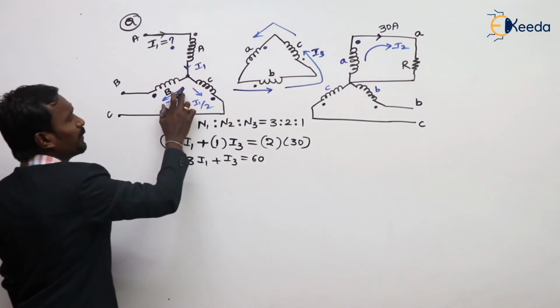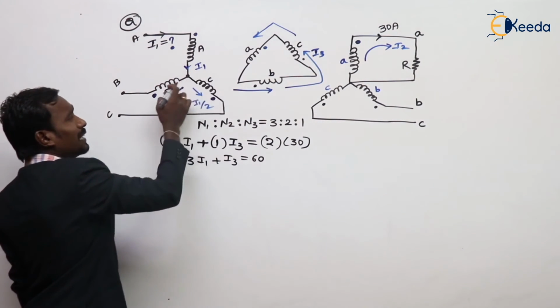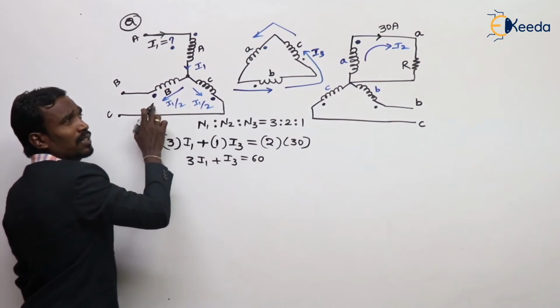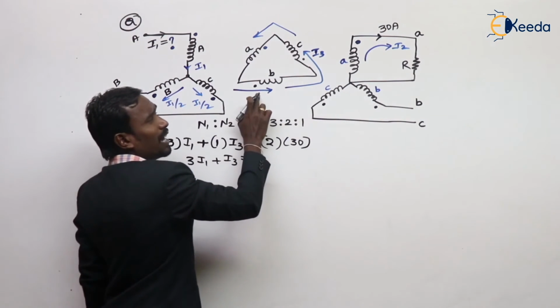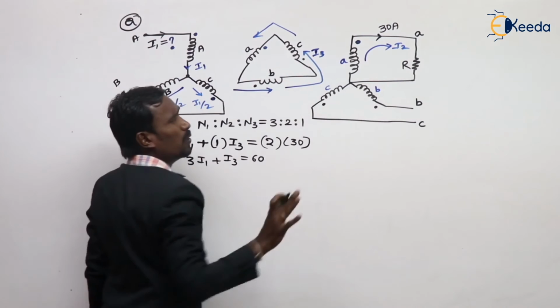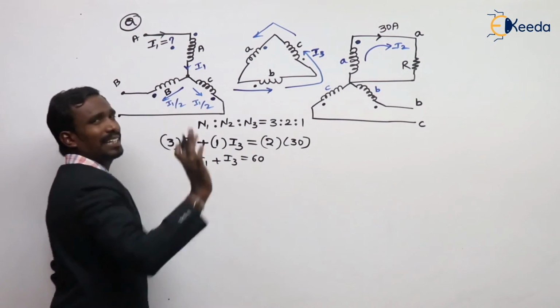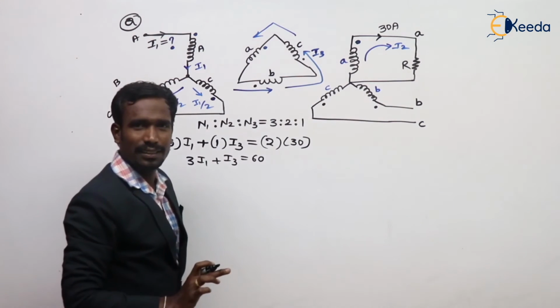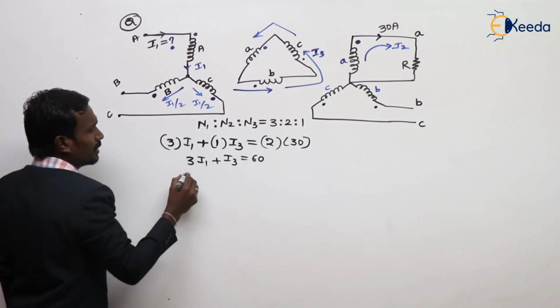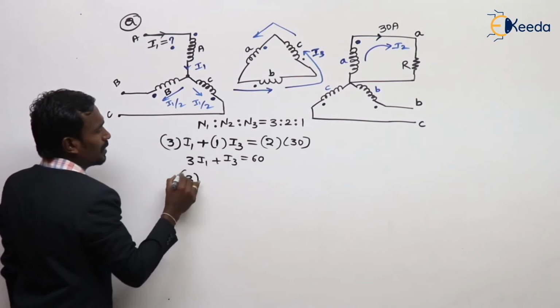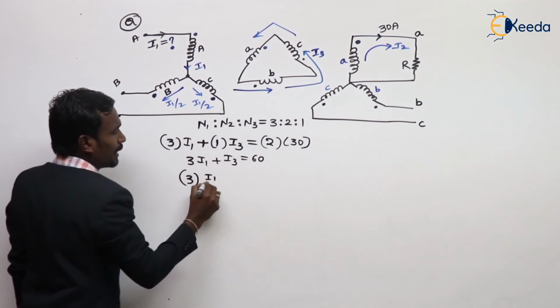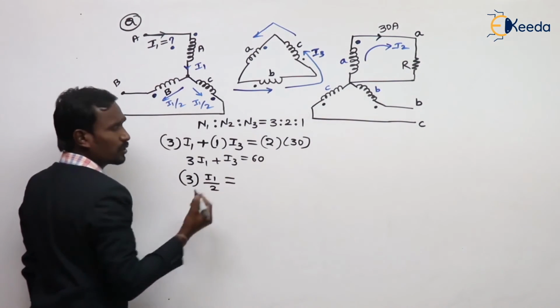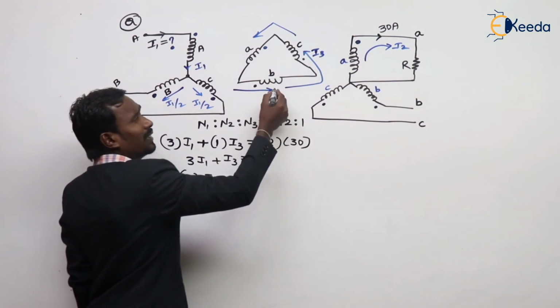And next for the B phase. Here current is leaving from the dot and here entering into the dot, and there is no secondary current. So one is leaving, one is entering. So simply N1 I1 is equal to N3 I3. N1 is 3 and the current is I1 by 2, equal to N3 I3.